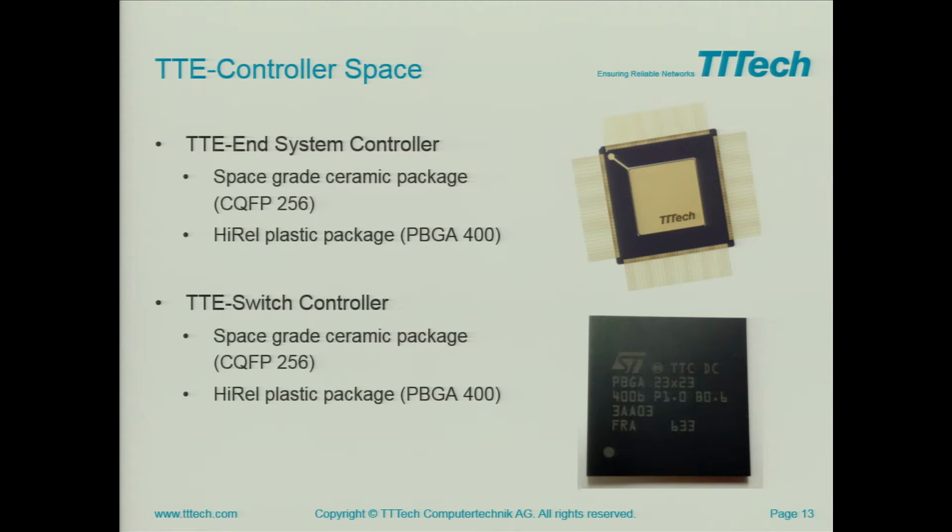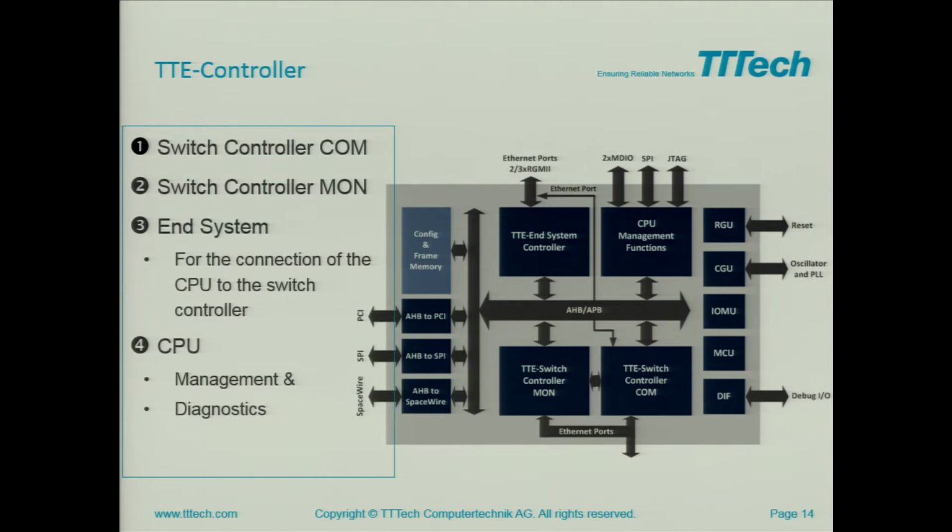So the idea was to have a space component and a high reliable component. They have the same radiation performance, but two different price tags. So for example, this is used by a launcher application, for example, in the RN6 launcher, which has a very, very tight cost target.